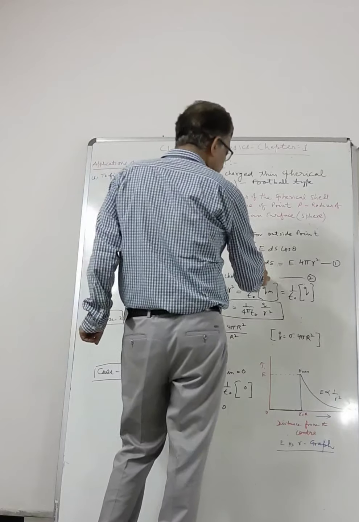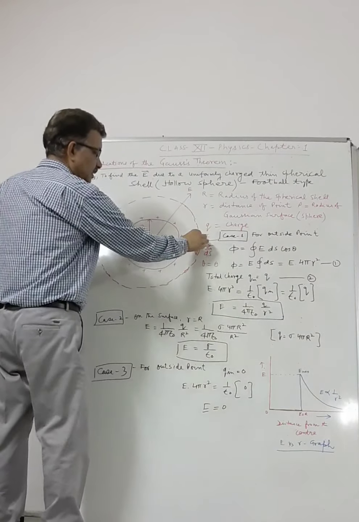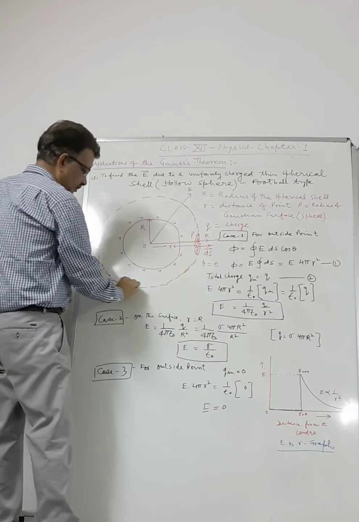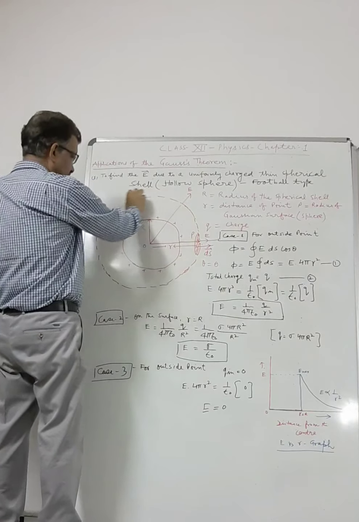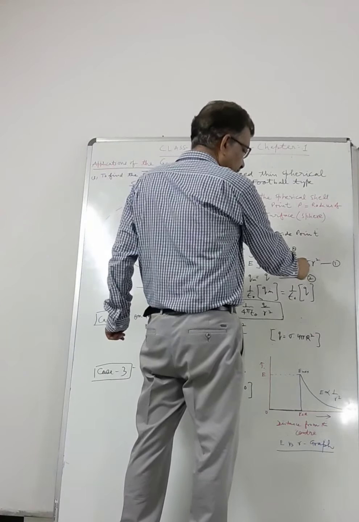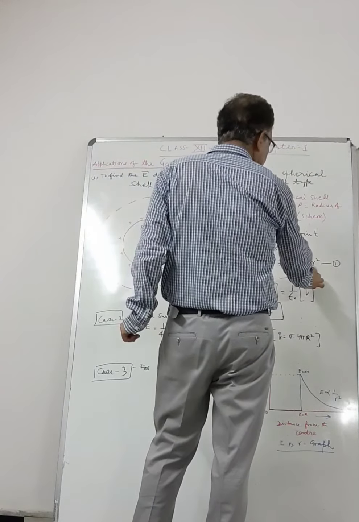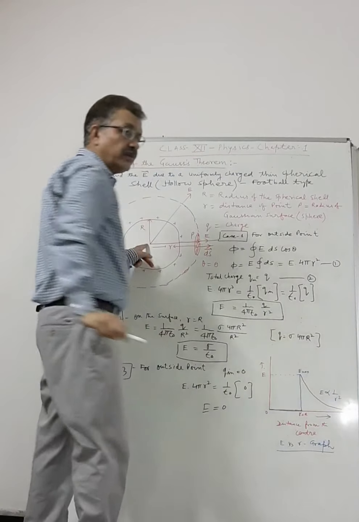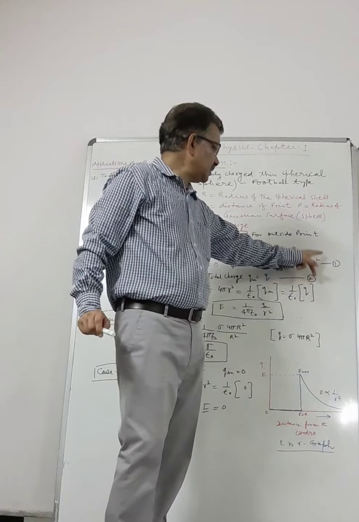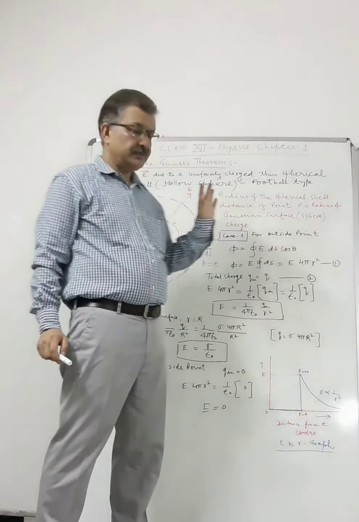Now what about this ds along this closed path? It will be equal to the total surface area of the Gaussian surface, that is 4 pi r square, because r is the radius of this surface. So that is equation number 1.